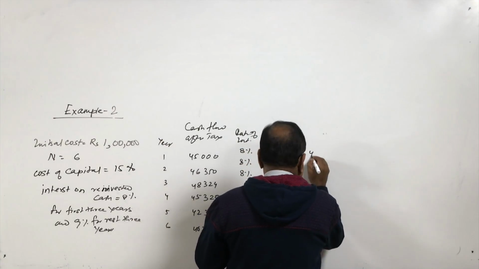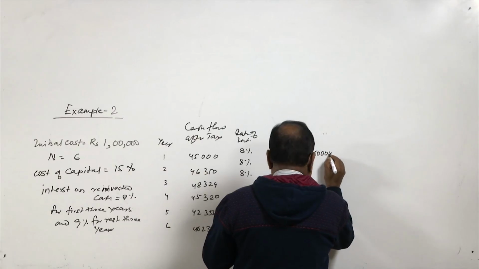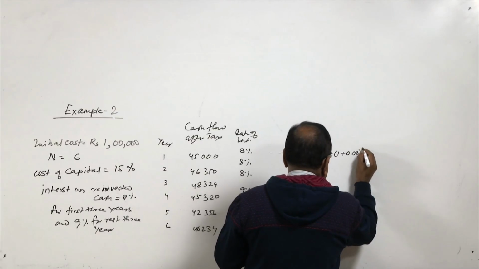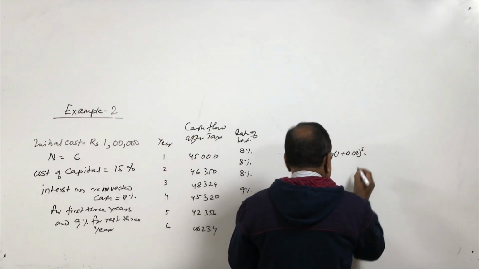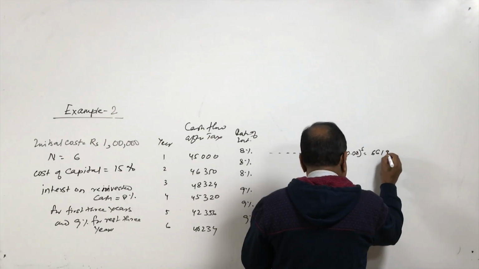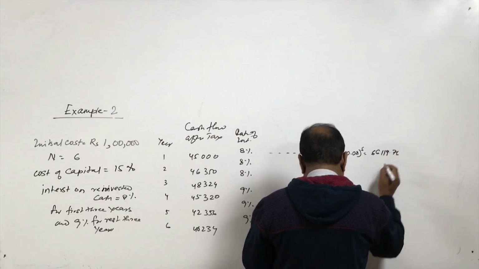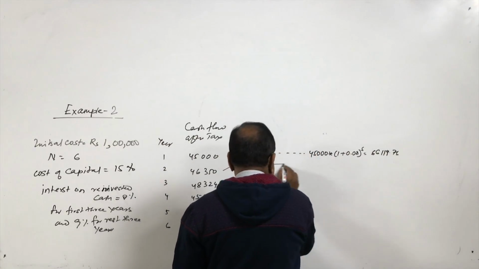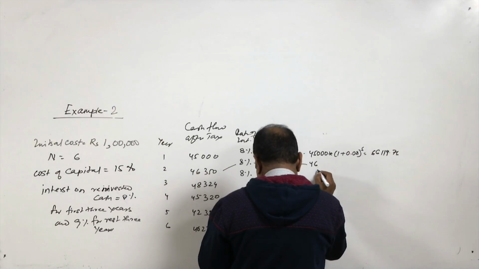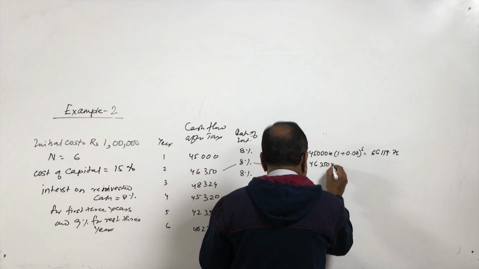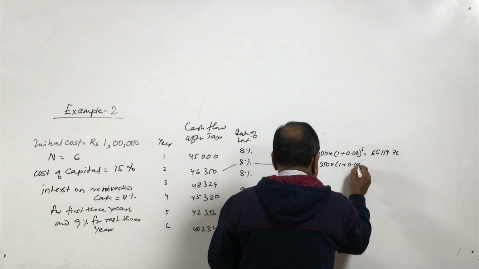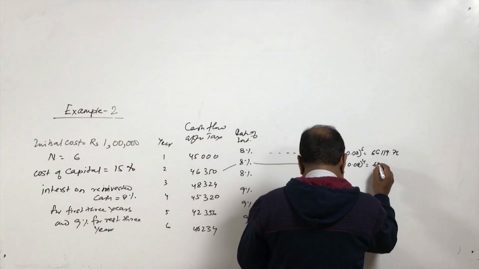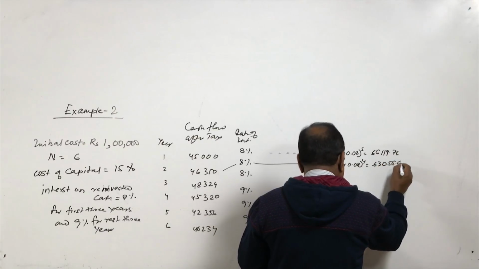So, this will be 45,000 into 1 plus 0.08 to the power 5, and this comes out to be 66,119.76. Now, similarly, this one will grow: 46,350 into 1 plus 0.08 to the power 4, and this will grow to 63,058.66.